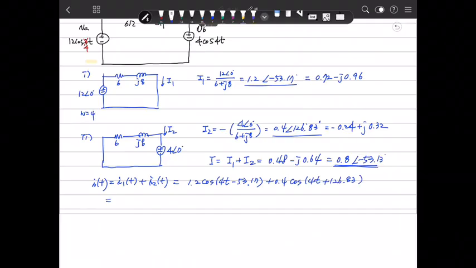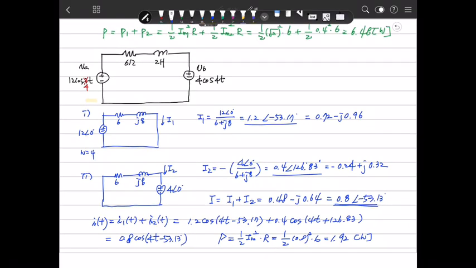So it will be reduced to 0.8 cosine(4t minus 53.13) degrees. From here, we can calculate the power, which is half Im square and R. So half, 0.8 square, and 6, is 1.92 watt.